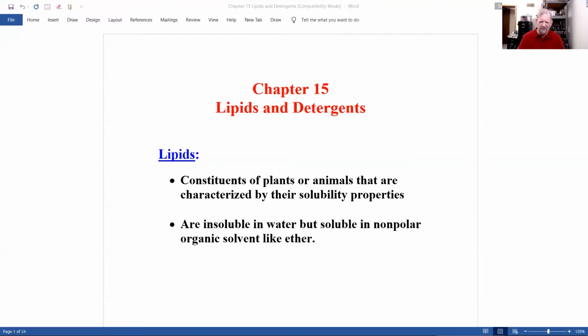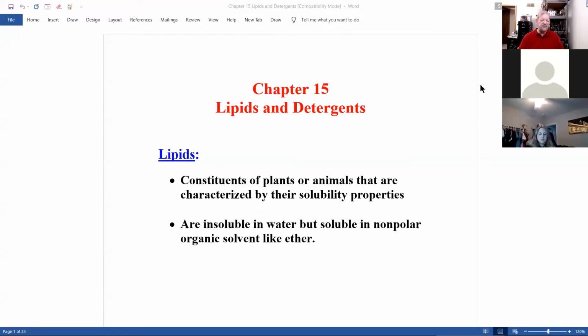And don't get grossed out where they come from, because by the time you see them, think of them as chemicals. And I'm going to get into something you never thought I'd get into. All right, let's talk about lipids.